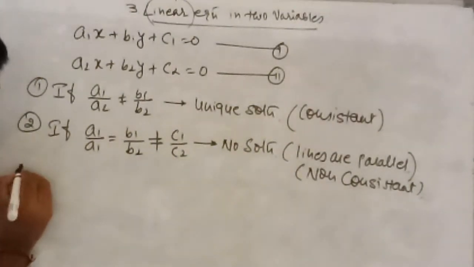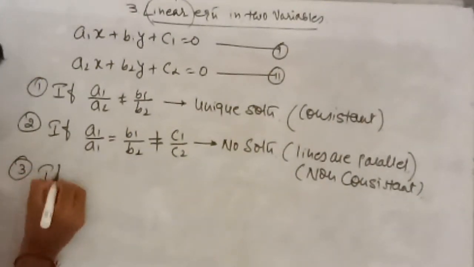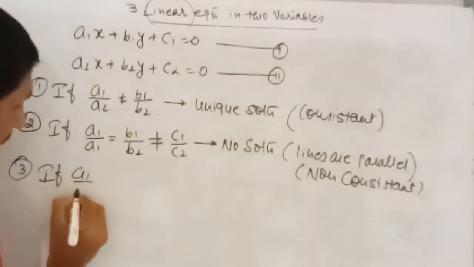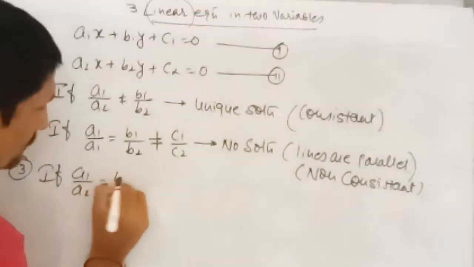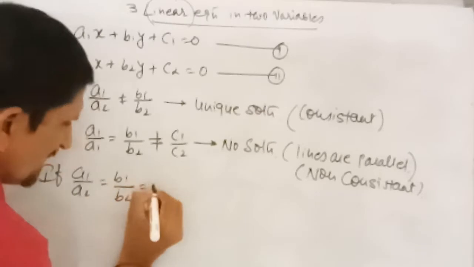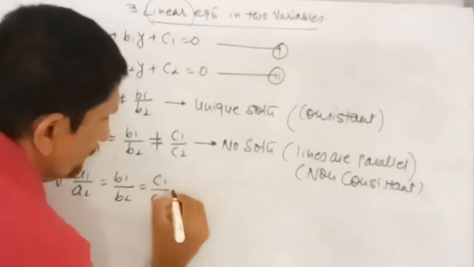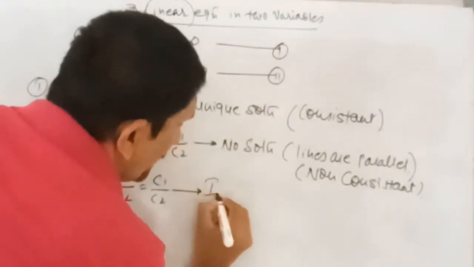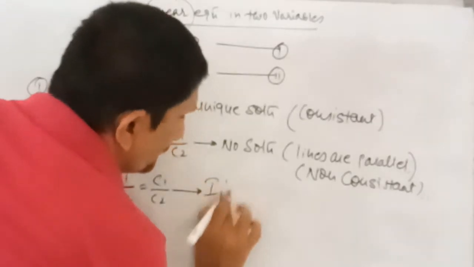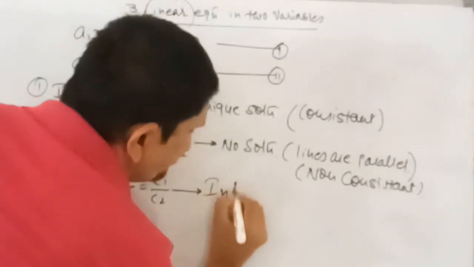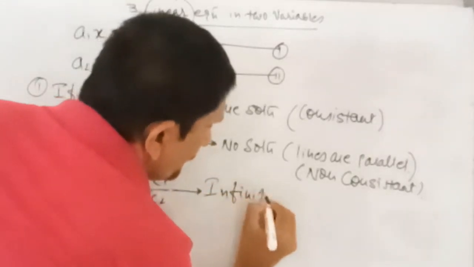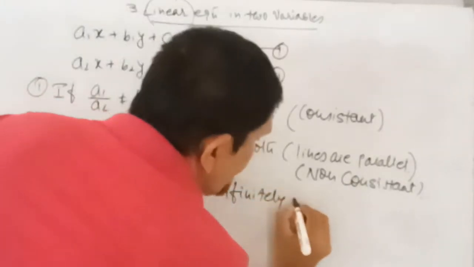Okay, and third, if a1 upon a2 is equal to b1 upon b2 is equal to c1 upon c2, then infinitely many solutions.